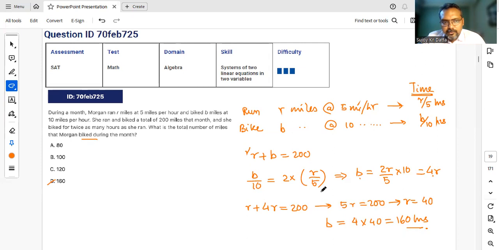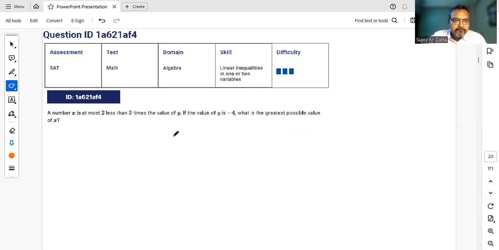Let us look at one more for now. So here it says a number X is at most 2 less than 3 times the value of Y. Okay. At most means maximum, upper limit. So X is always less than or equal to this.